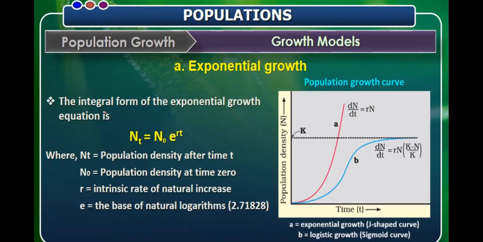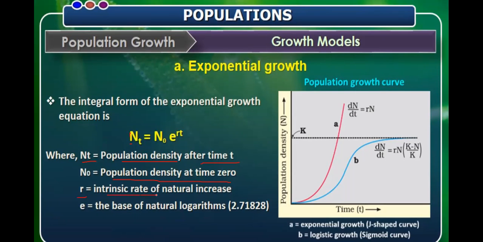So for exponential growth, the integral form of the exponential growth equation is Nt = N0 e^(rt). Where Nt is the population density after time t. N0 stands for population density at time 0.